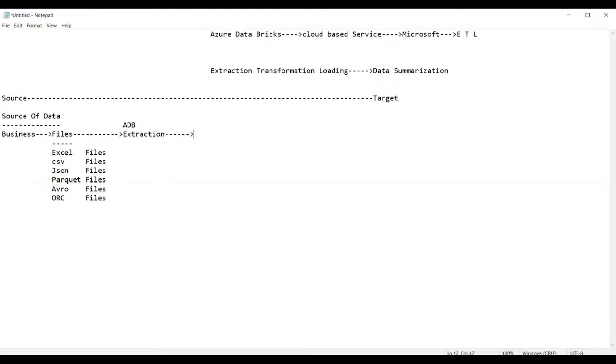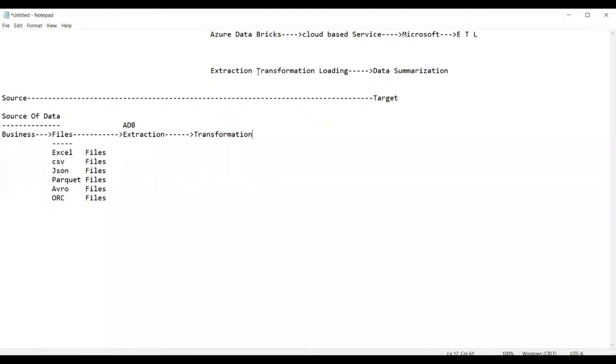Then what is the next process? The next level of processing is transformation. Transformation is based on the requirement of the customer: you're going to change the format of the data, change the structure of the data, design a new structure of the data.